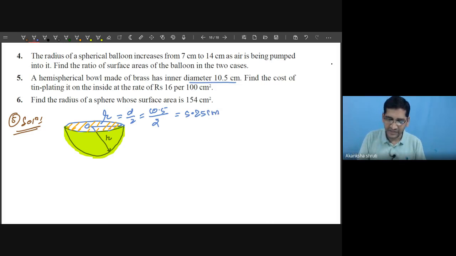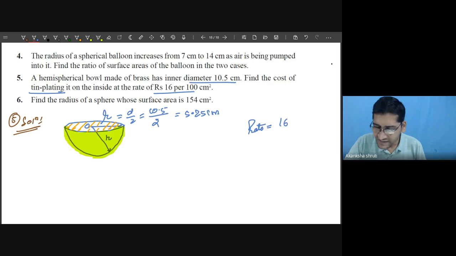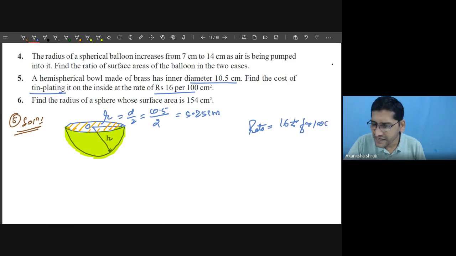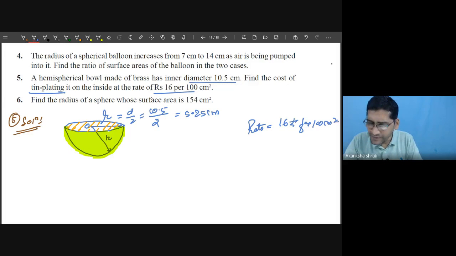The unit is centimeter. Find the cost of tin plating it on the inner side at the given rate. The rate is 16 rupees per 100 centimeter square. The rate should always be written per centimeter square: 16 by 100 rupees per centimeter square, or 0.16 rupees per centimeter square.